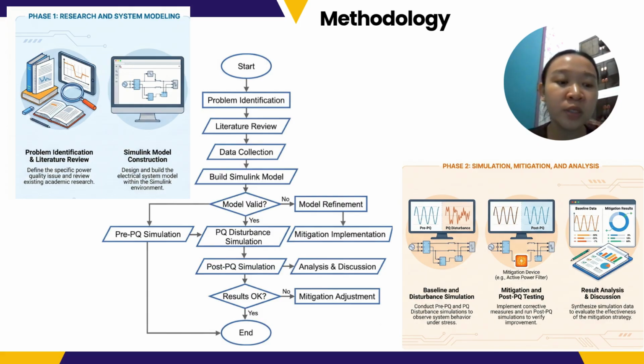We will also start to develop the simulation models in MATLAB simulation. And the next part, we will continue by simulating a pre-disturbance condition, introducing the disturbance, and applying the mitigation technique. And lastly, we will analyze the results obtained.